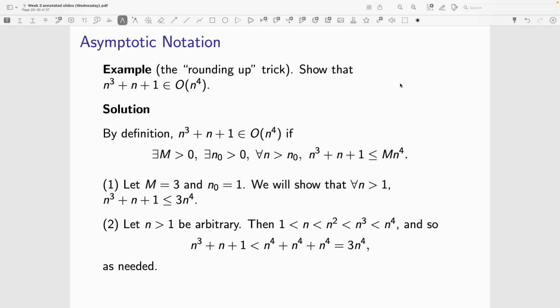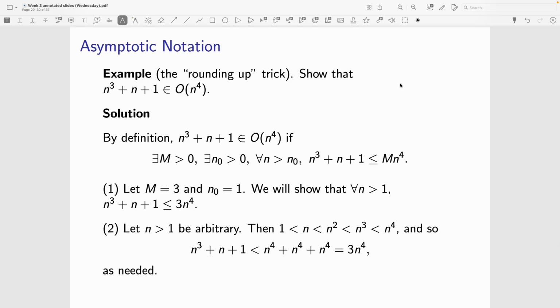Now on to a bit more complicated example. We're going to show that n cubed plus n plus 1 is in big O of n to the 4th. I'm going to try and do the rough work just on this slide because adding new pages is such a pain.